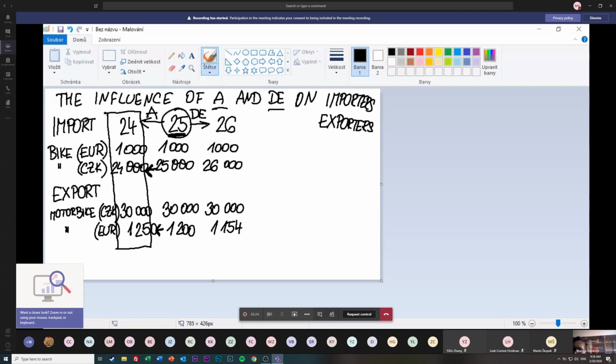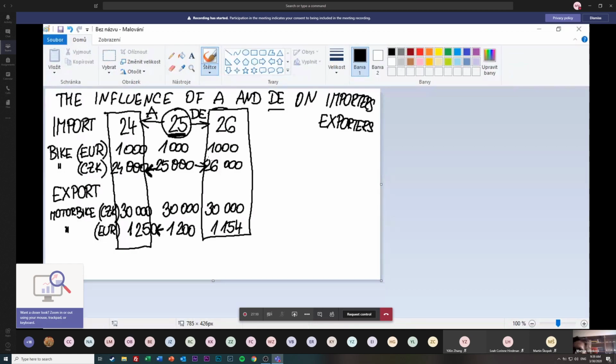Right? So let's go to the situation of depreciation of the Czech currency. And you can see again what happened. Because of depreciation of the domestic currency, the imported products now are in the domestic market more expensive.